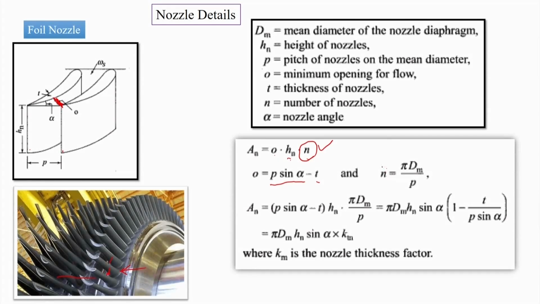N is the number of such nozzles, which is pi dm by P. This gives us the total number of nozzles present. So keeping all these in this formula, we get area of the nozzle equal to pi dm Hn sin alpha into bracket 1 minus T upon P sin alpha, and this term is called Km, the nozzle thickness factor.